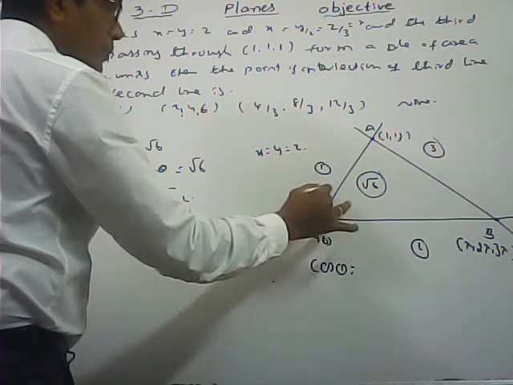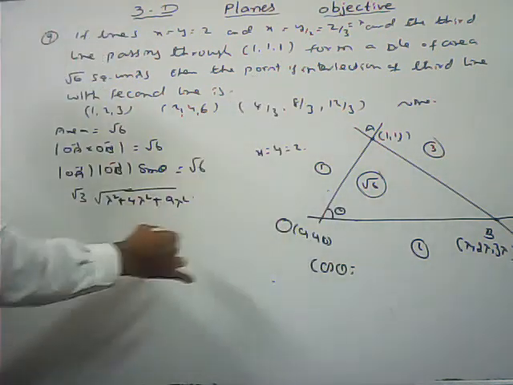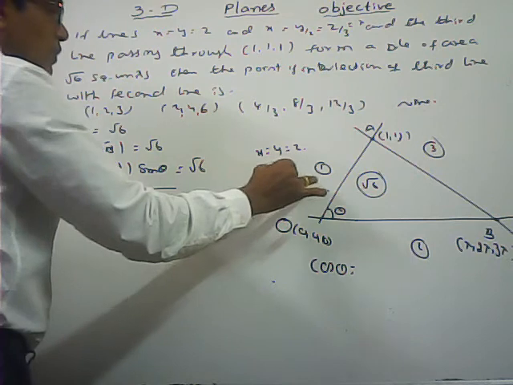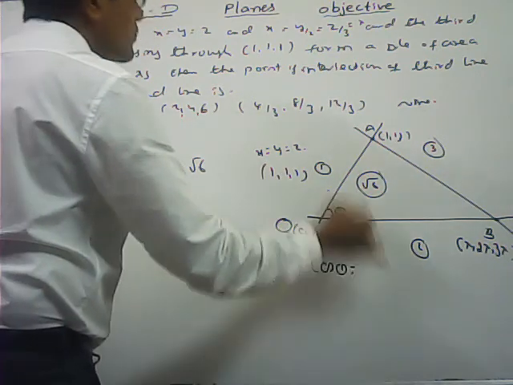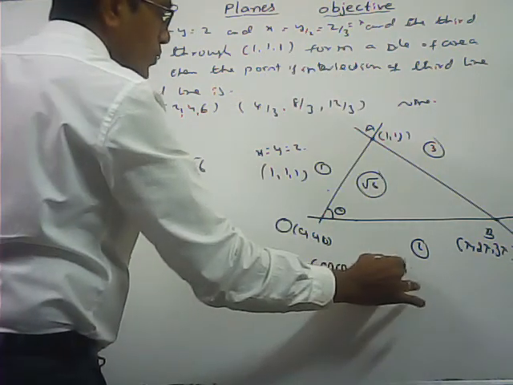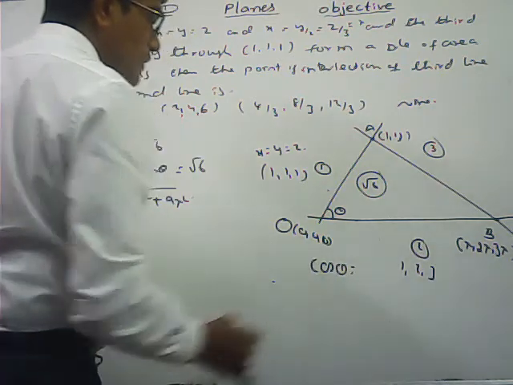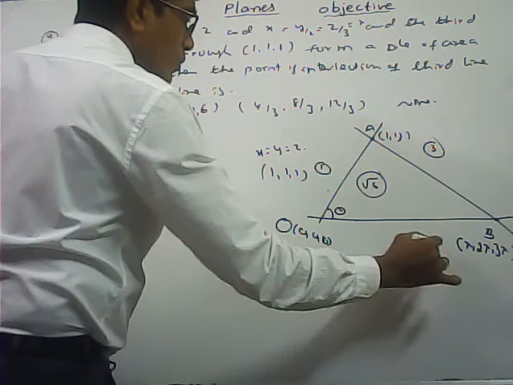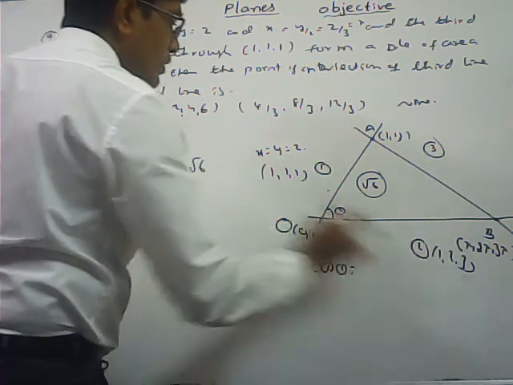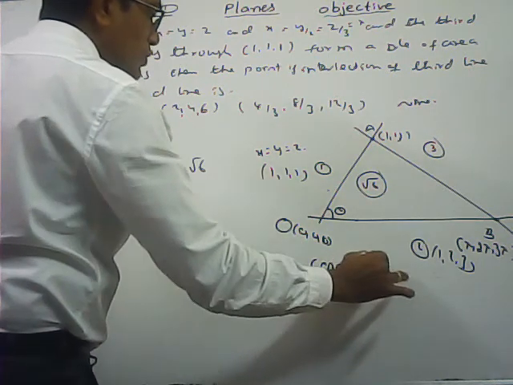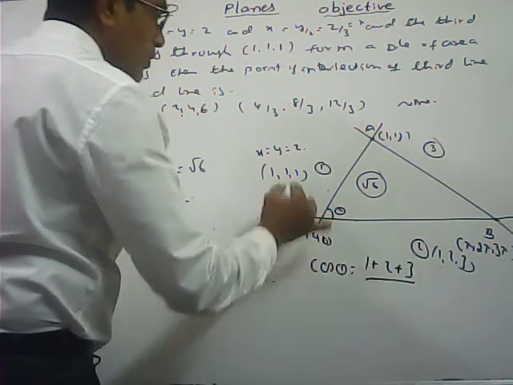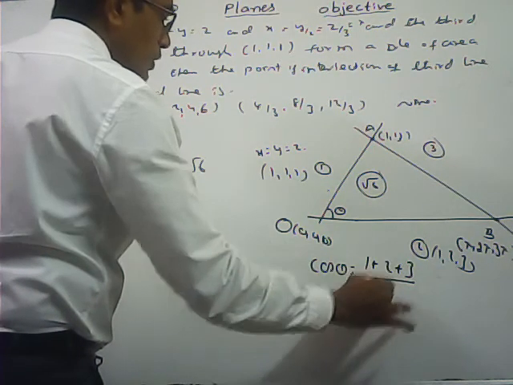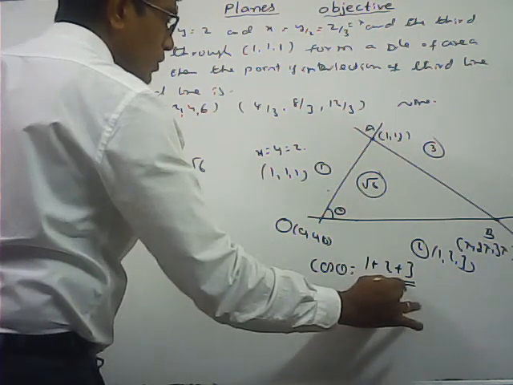Theta is the angle between these two vectors. Cos theta is equal to, what are the DRs of this one? 1, 1, 1, and here the DRs of this one are 1, 2, 3. Cos theta is equal to the dot product of these two, 1 plus 2 plus 3, divided by the modulus of this one and the modulus of that one, root 14.